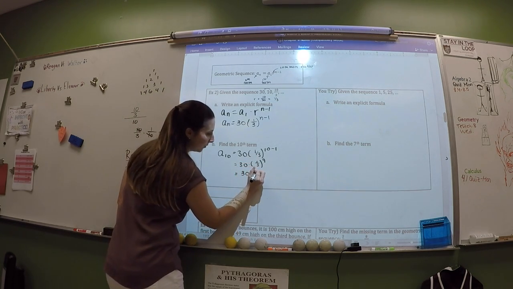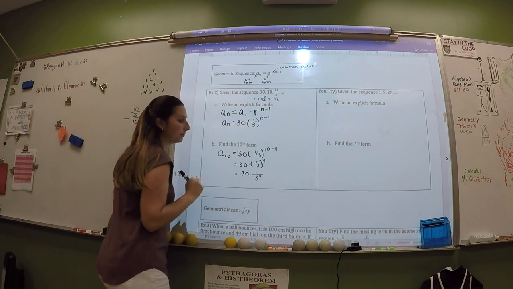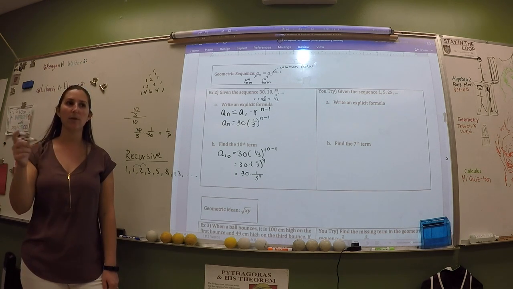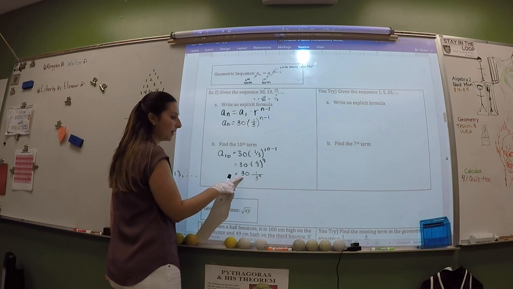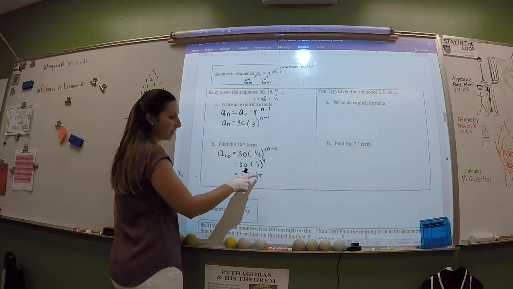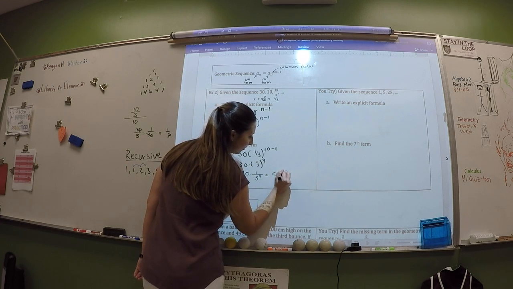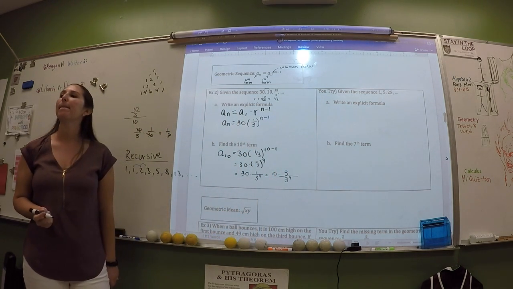Another way of writing this would be 1 over 3 to the 9th, because 1 to the 9th is 1, 3 to the 9th is, I don't know. And then another way of writing 30 times 1 over 3 to the 9th would be 10 times 3 over 3 to the 9th. Does it matter which way we do?